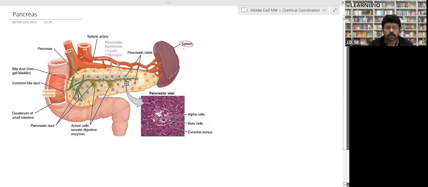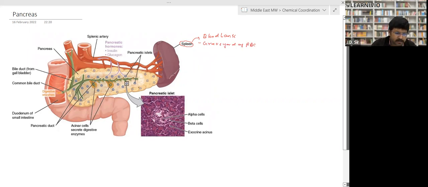It also stores extra RBC, so it is also known as blood bank. These are the two functions.